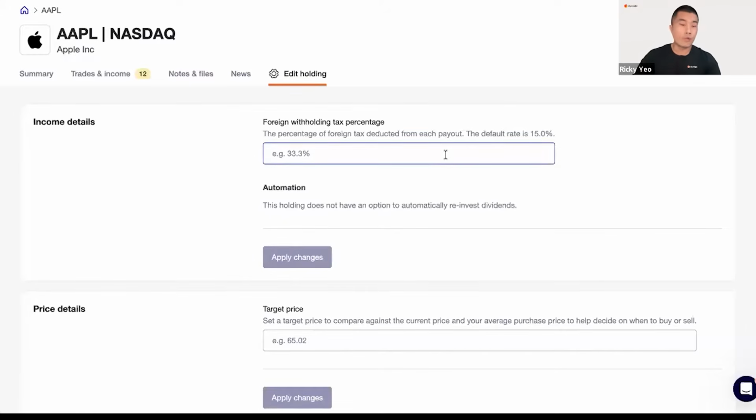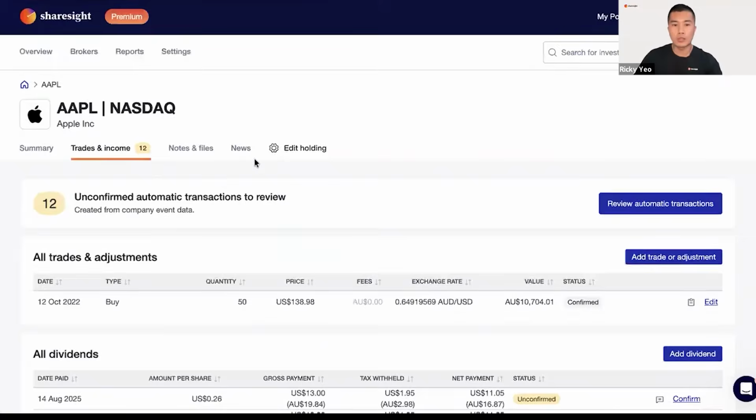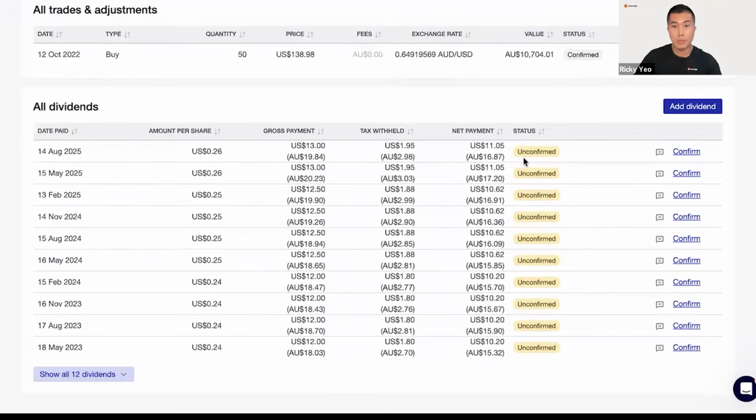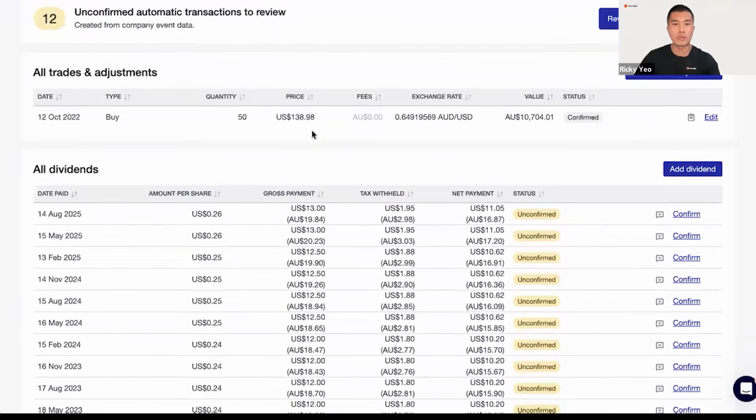But if for whatever reason you did not complete the form, your rate might be 30%, or in some other circumstances, it might be a different percentage. So if it's different, you need to come into the edit holdings, and if it's 30%, then you just need to make sure you apply that and that will get applied to all the previous dividends. But you have to make sure they are unconfirmed. So it will get applied to all the previous dividends and all the future dividends.